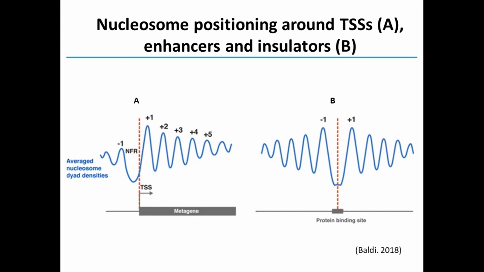Those open chromatin regions are flanked by well-positioned nucleosomes, so you should also see the mononucleosome associated signal around the open chromatin region.